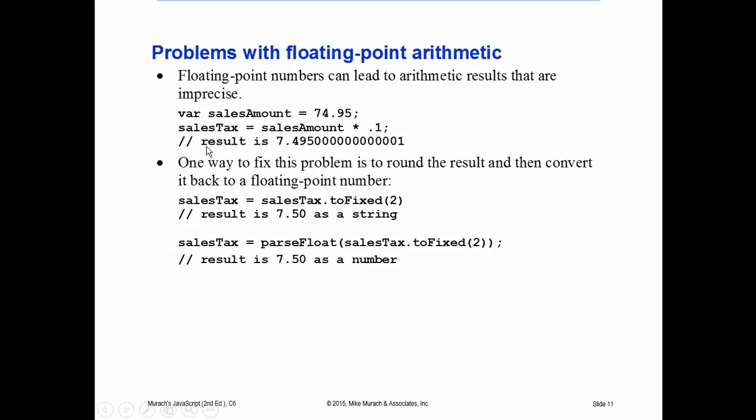Problems with floating point arithmetic. You may or may not be aware of this, but floating point numbers are basically decimals, things after a decimal. In many computers, if you try to add 0.1 plus 0.1 plus 0.1 ten times, you won't get 1.